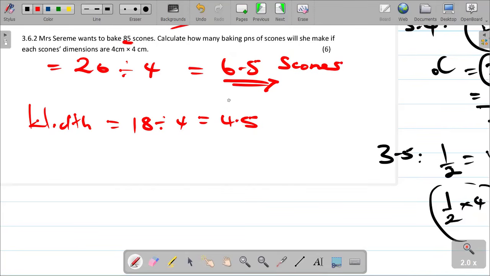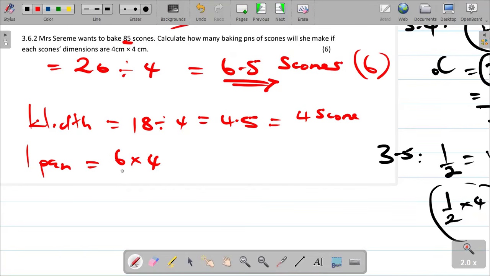So this is 4 scones, and here it is 6 scones. Now one pan can give us 6 times 4, which is equal to 24.